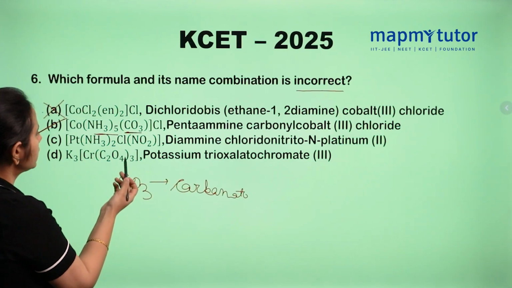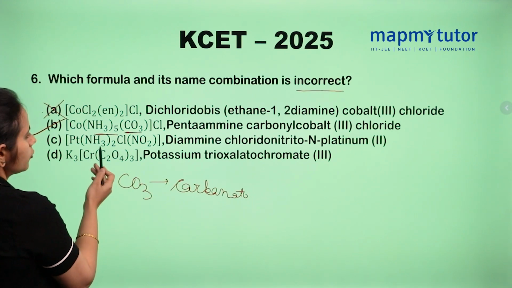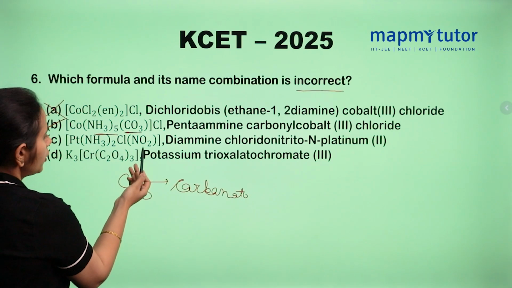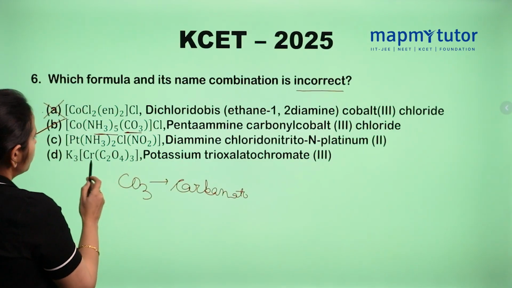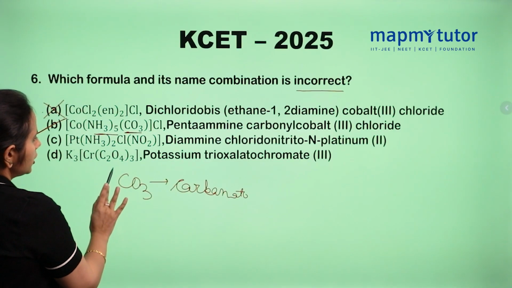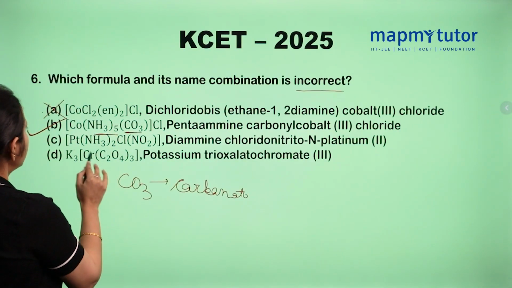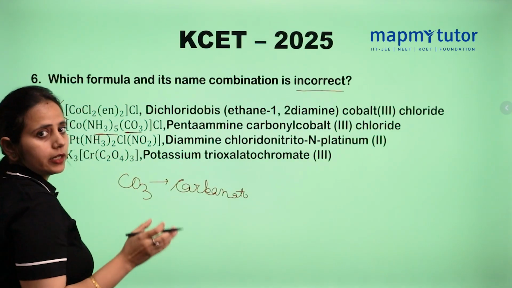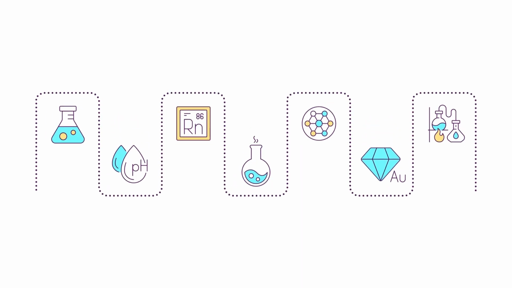In this option there are ligands like chlorine, nitro and amine, so we start with diammine, then chlorido, nitrito and platinum. This is right. For this, it is potassium trioxalatochromate(III). So these options are right and our answer is B, which is incorrect because carbonyl is not there; CO3 is known as carbonato.